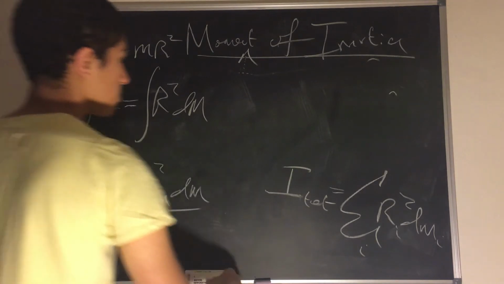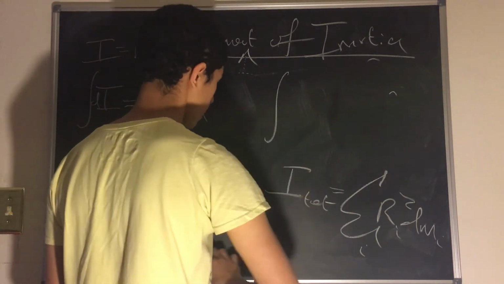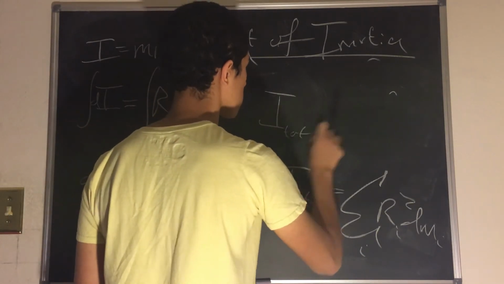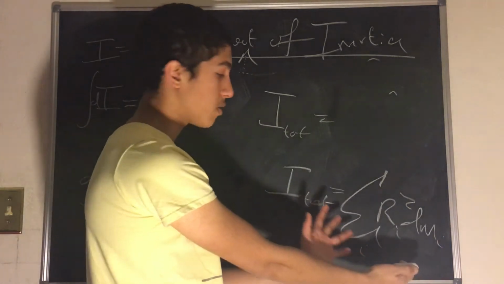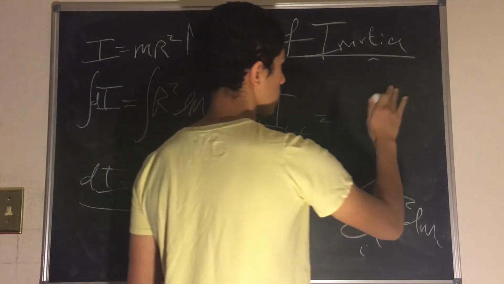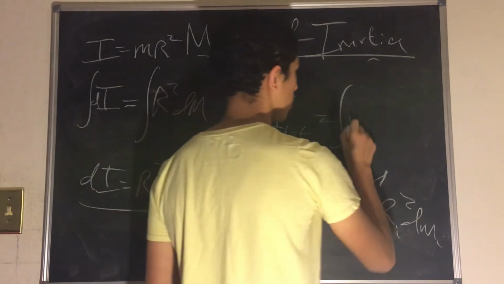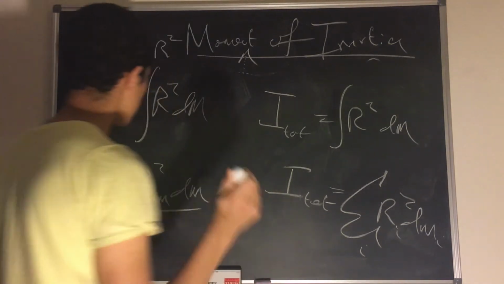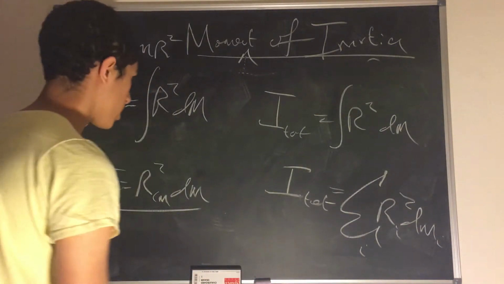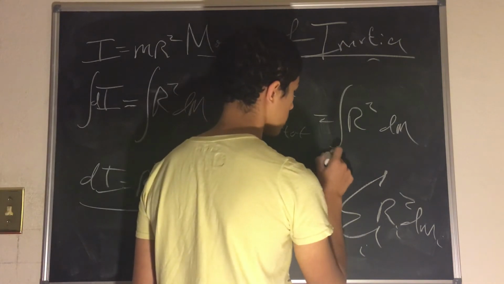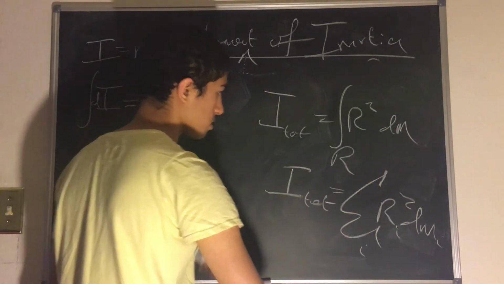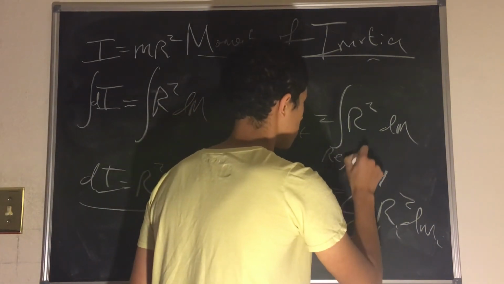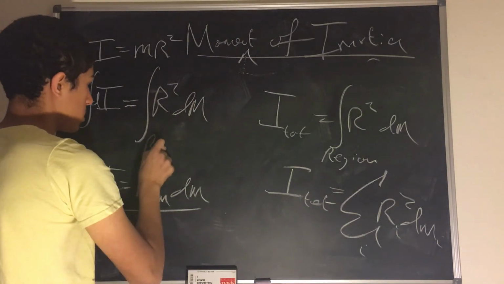And this side we have I total is equal to, and the sum of infinitesimal parts becomes an integral, integral r squared dm. And then it's important to know where we're integrating. We're integrating over the entire rigid body, so let's abbreviate that to, actually no, that's bad. We have two r's. Let's just say region.